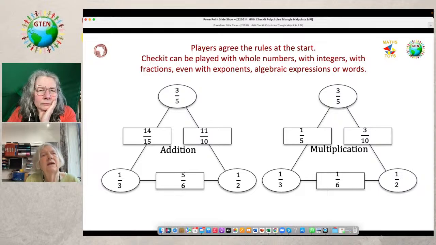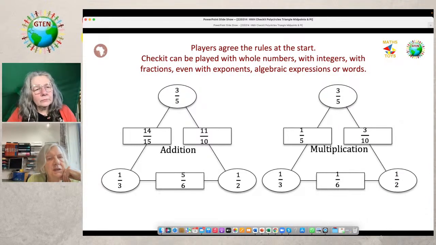Or you can play with individuals. It's best as a two-player game, and when you play it with two players, you take it in turns to fill a box. So we've been showing you the version of the game where you start with 3 numbers or whatever given in the boxes and 3 blanks.